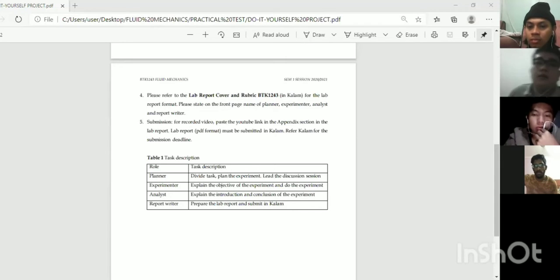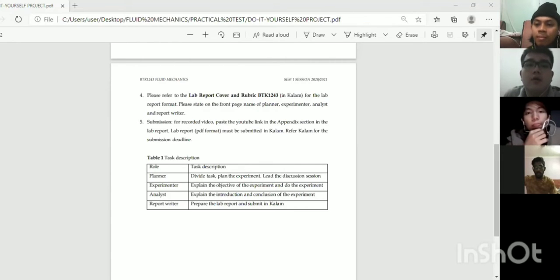The time taken for the water to reach 1 liter is recorded in the data. This experiment was done by Muhammad Saiful and also recorded in videos. The data we recorded we can use to calculate the Reynolds number and to define whether the flow is laminar, turbulent, or transitional.